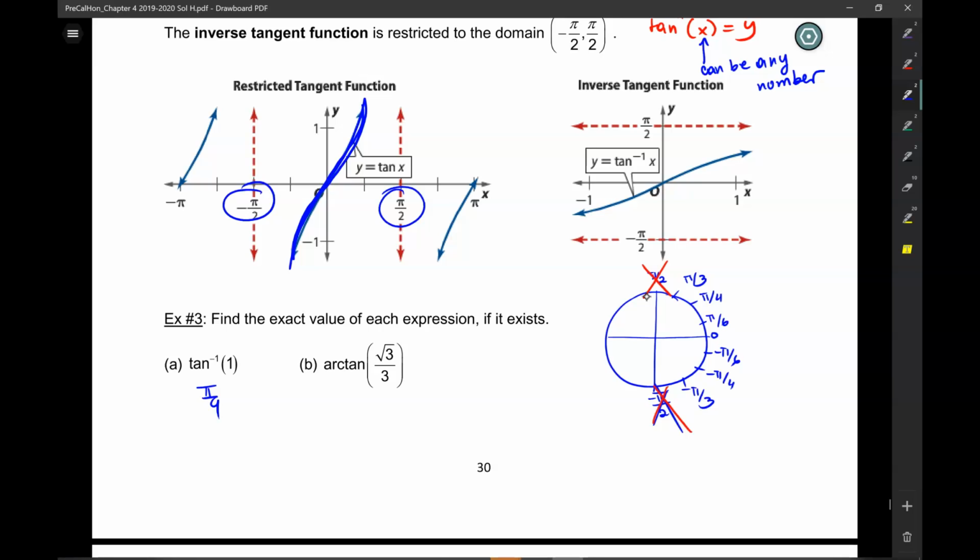So I want the angle such that opposite over adjacent is 1 over root 3. Is that 30 or 60? That's pi over 6, 30.